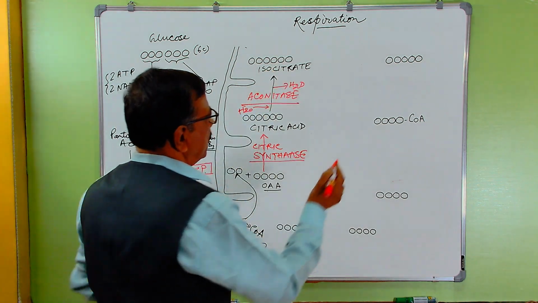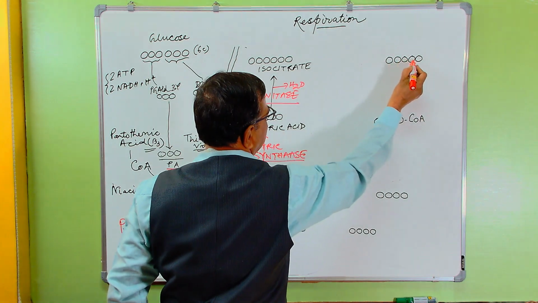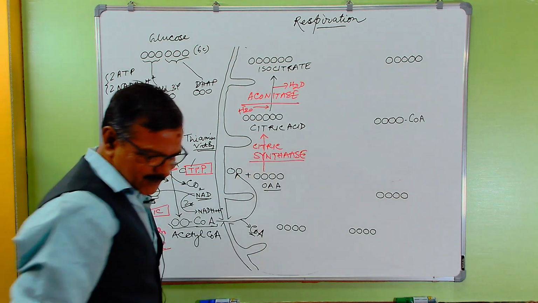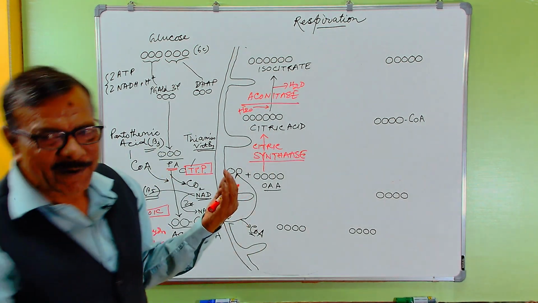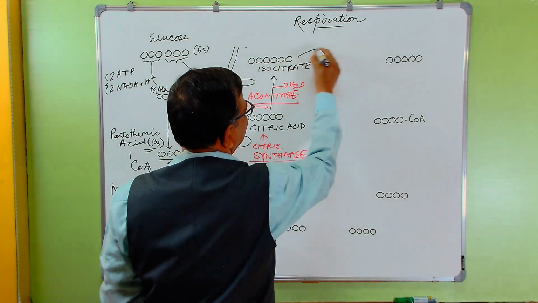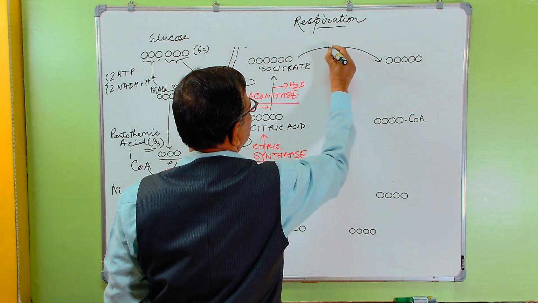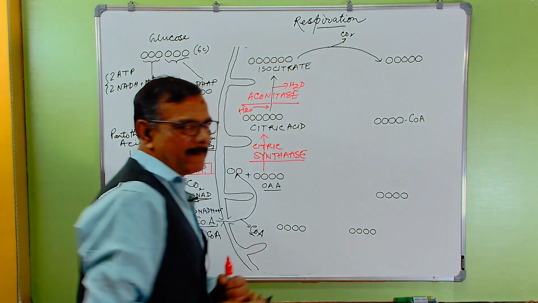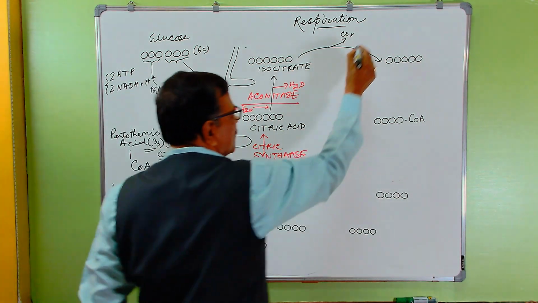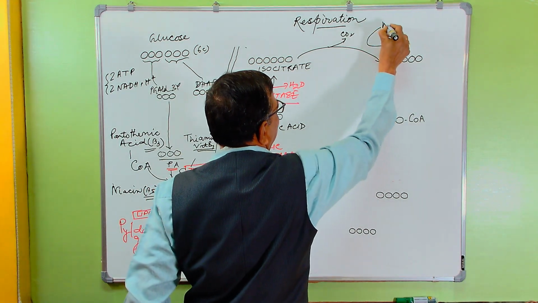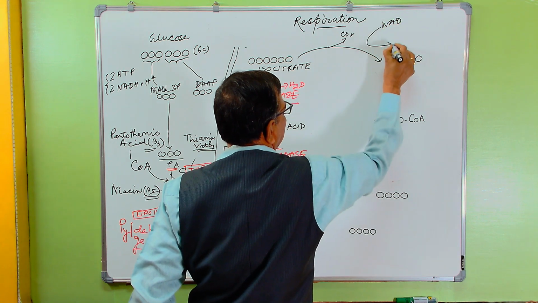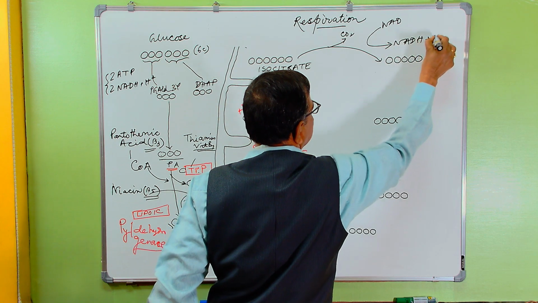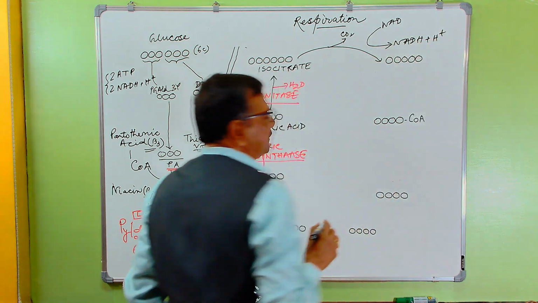Now, gentlemen, from isocitrate, what you see here, 1, 2, 3, 4, 5, 6. So easily you can say that CO2 is lost. CO2 will go out. And here also NAD will be converted to NADH plus H plus.